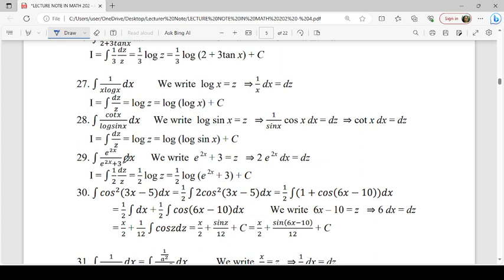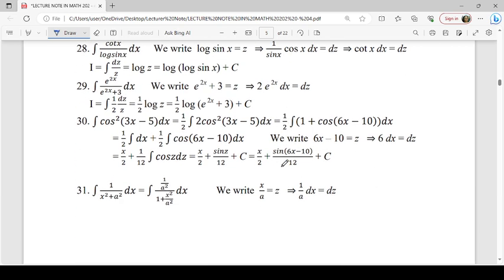e to the power 2x plus 3, we take this as z, then d/dx of this is 2 e to the power 2x plus 3, so e to the power 2x plus 3 dx is equal to dz by 2. Then cos square of this one, so it is 2 cos square 3x minus 5.